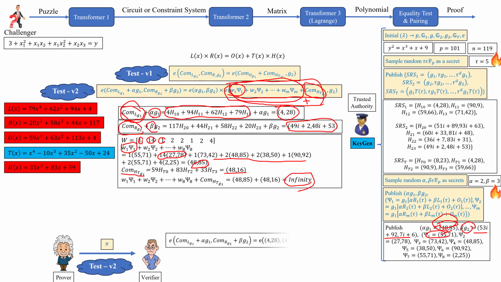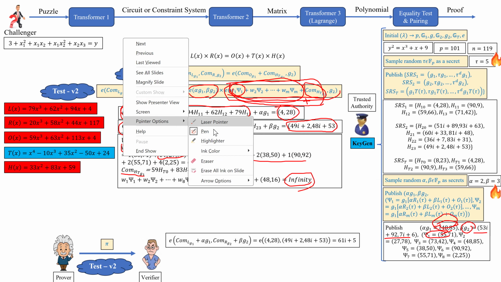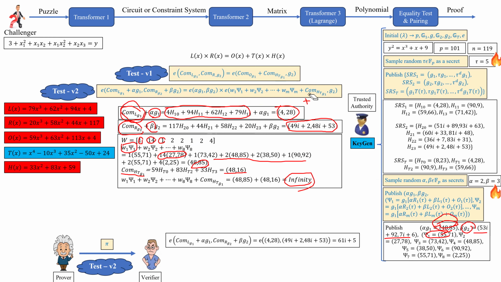Okay, now these parts are computed and sent as the proof to the verifier. The verifier needs to compute the pairing of these two values and the pairing of the other values to ensure whether all the computation is correct or not. So let me erase this.